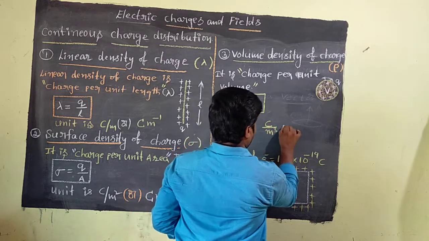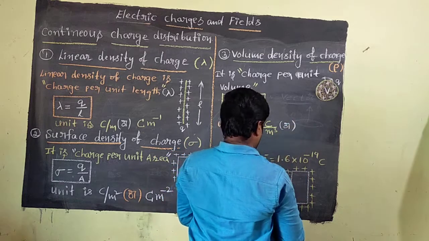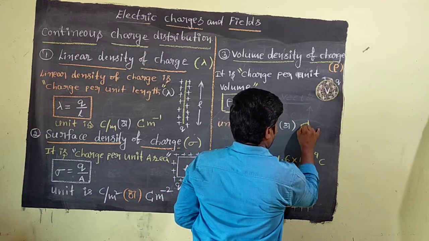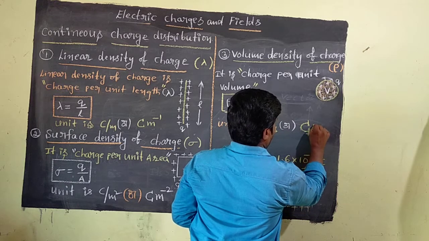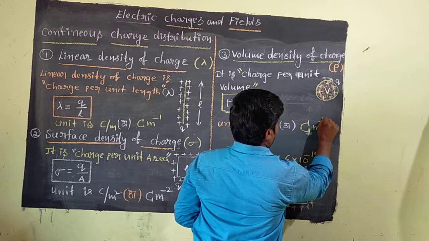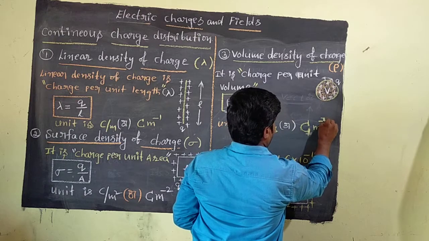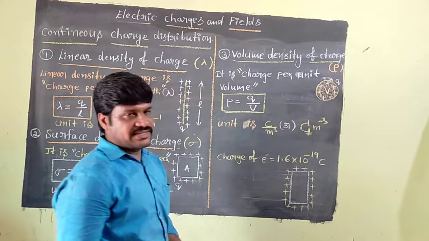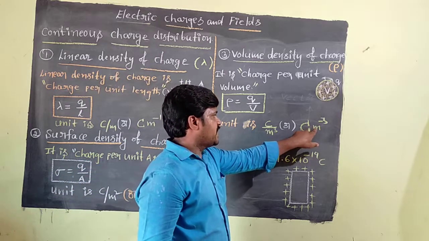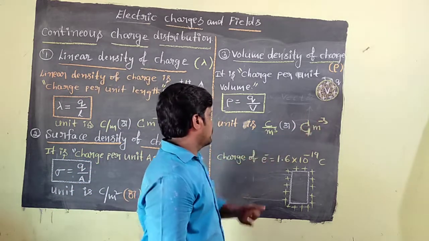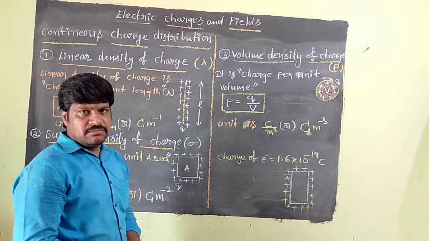Here I am going to write coulomb meter power minus 3, that means coulomb meter inverse cube. Coulomb meter inverse cube is the unit of volume density.